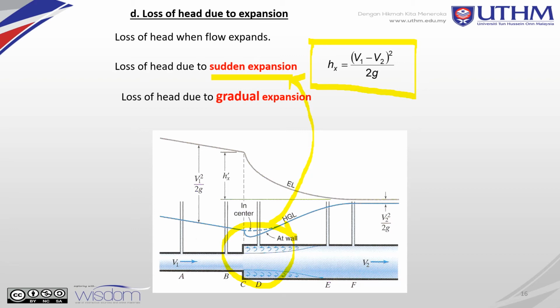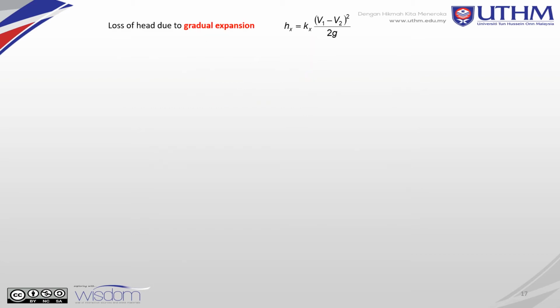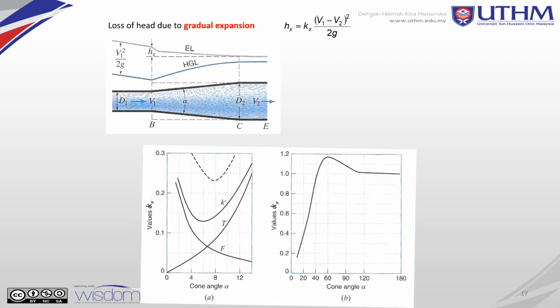Small to bigger pipe is called expansion, but from the bigger pipe to the smaller pipe is the contraction. For the expansion, using this figure, KX is also given, and V1 over V2 is also given, so no need to worry about this.